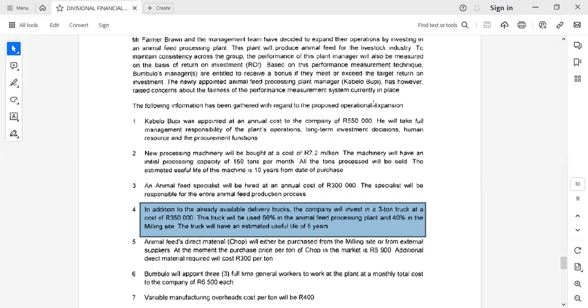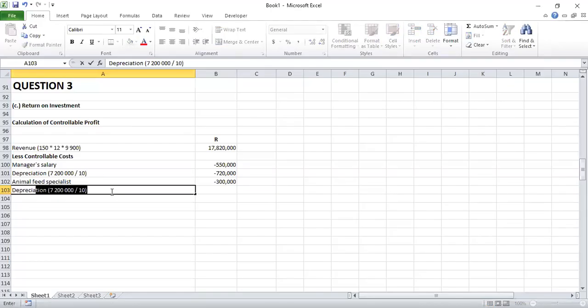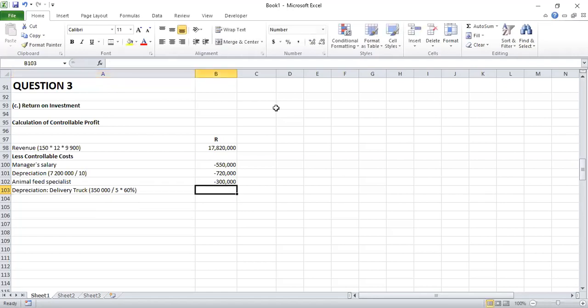So we'll have depreciation of the delivery truck: 350,000 divided by 5, multiplied by the portion for the animal feed, which is 60%. That gives 42,000.